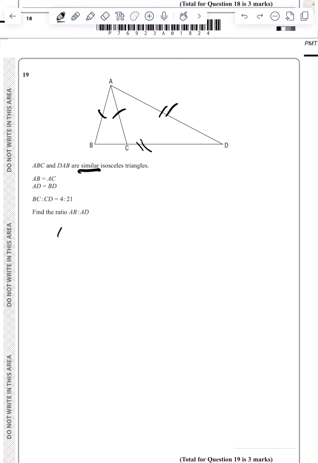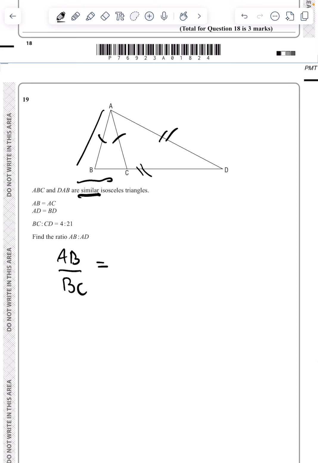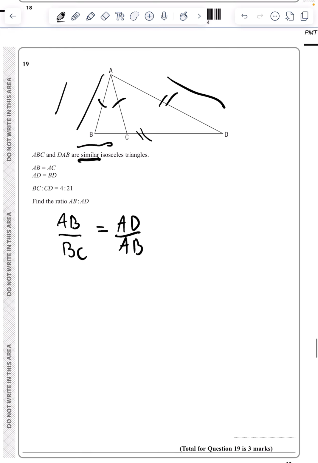So AB over, say, BC, this over this is going to be the same as AD, this, over AB, that. Let's see. And then what else was?